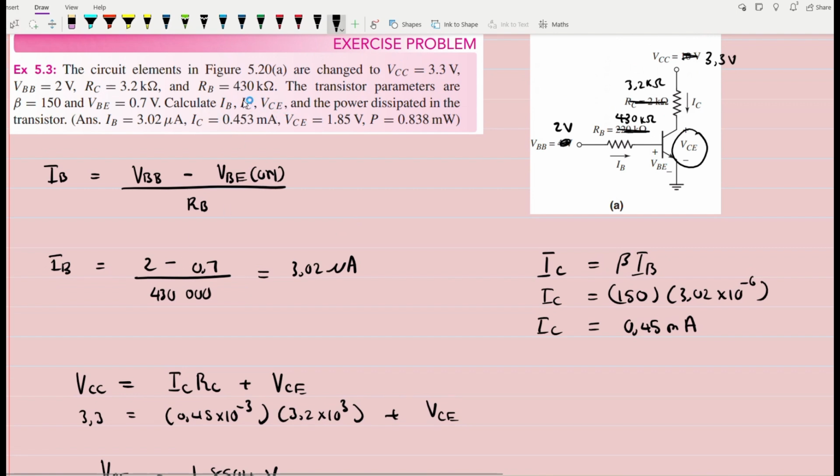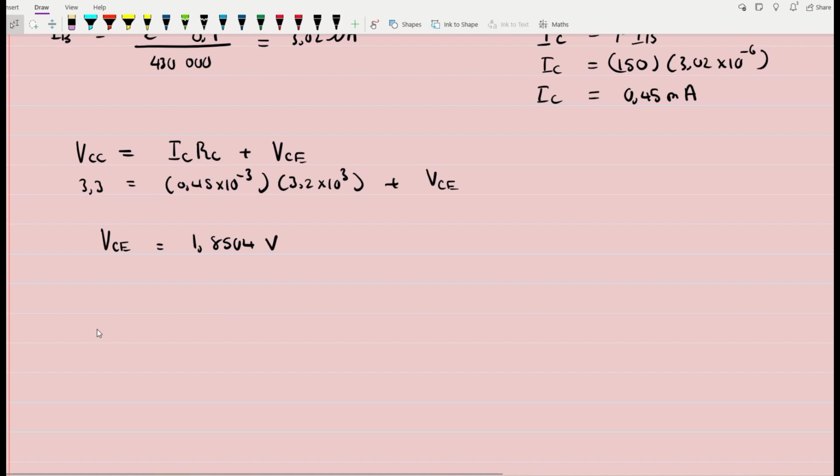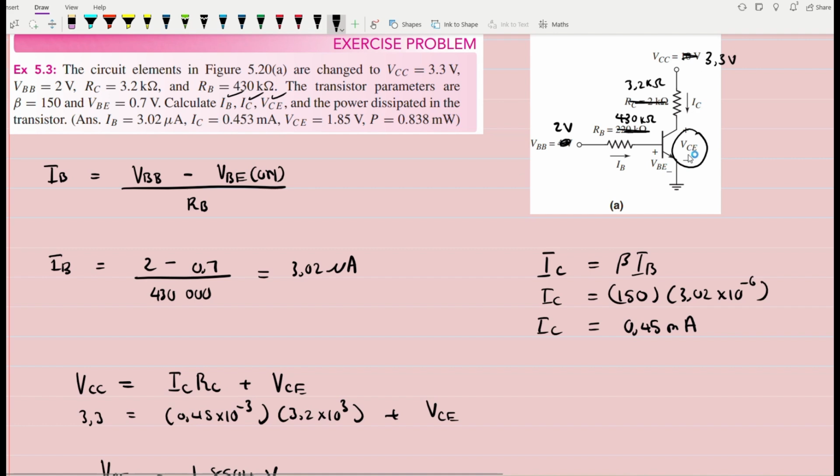What else do we have to calculate? We found IB, IC, VCE. Now we have to find the power dissipated in the transistor. The power dissipated is given by this equation: P transistor is equal to IC multiplied by VCE.